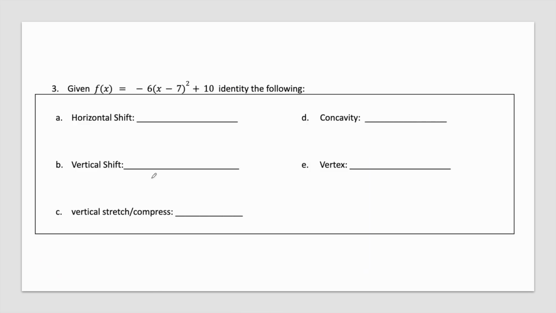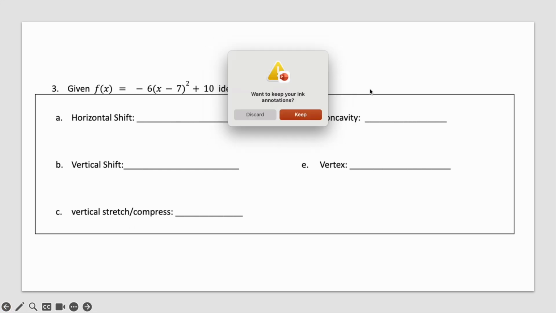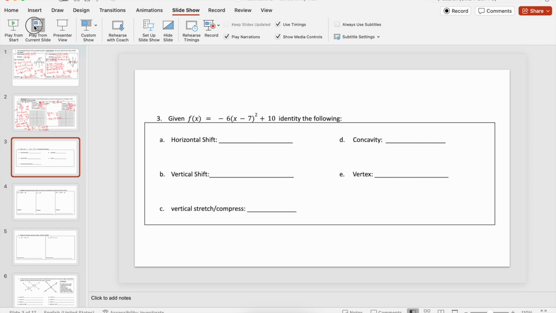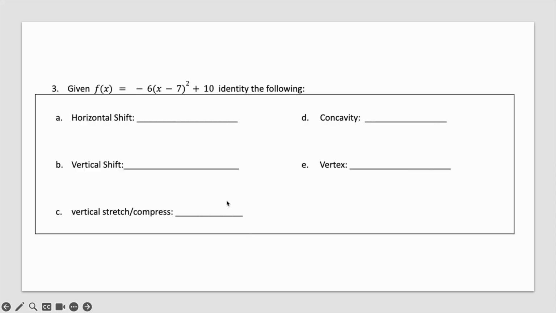Okay, given negative 6x minus 7 squared plus 10, we want to find the following: the horizontal shift, the vertical shift, the stretch or vertical compress, the concavity, and then the vertex.